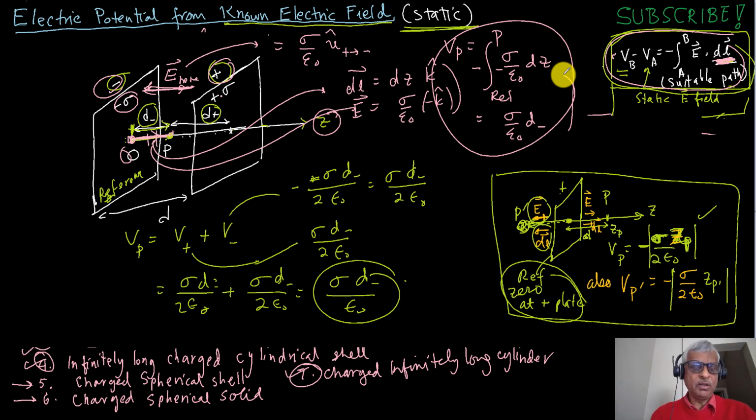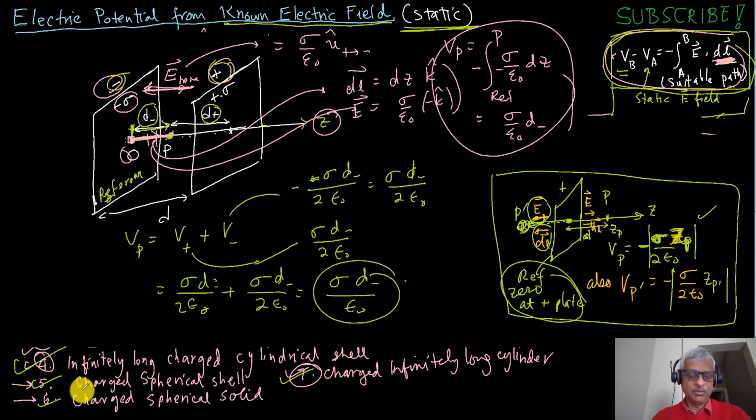Now on to these other cases. I would say you either look up the formula or use Gauss's law to find the formula for the electric field and try to do these integrals. These are very instructive and very important examples.